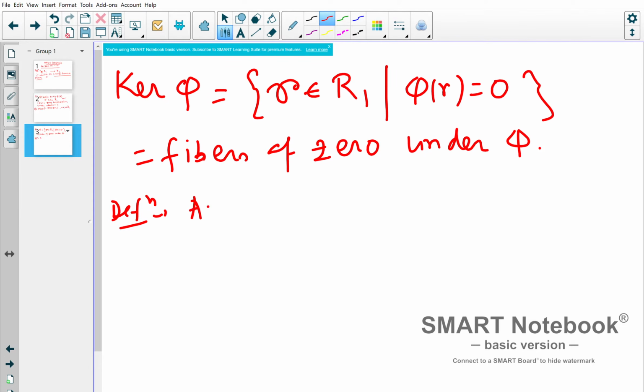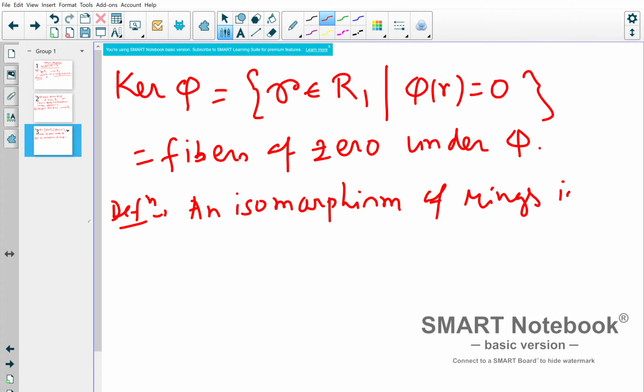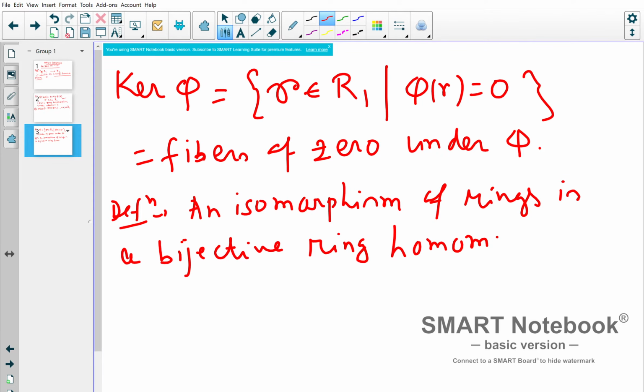An isomorphism of rings is a bijective ring homomorphism. Equivalently, it is an isomorphism.